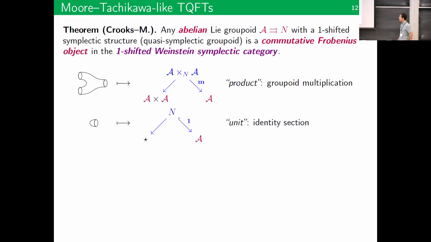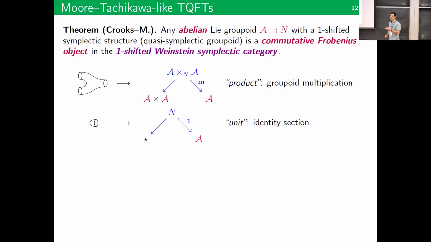And as I said, the structure is already given to us. The product is basically groupoid multiplication. It has to be a Lagrangian correspondence from A cross A to A. And you just take the set of composable pairs, and then you include that in A cross A, and you take the product to get something in A. So it's just the groupoid multiplication that gives us the product.